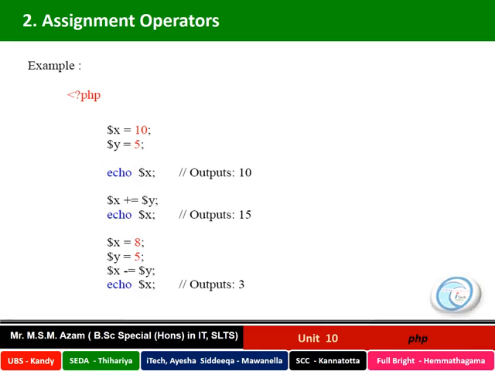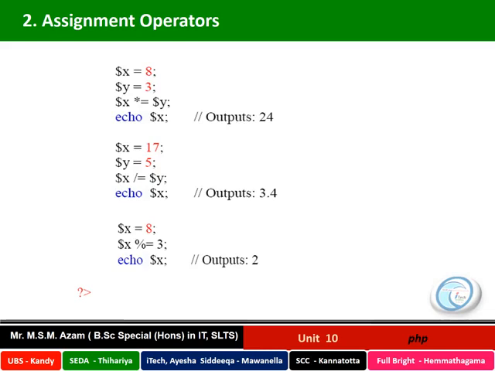Again, declaring x, y separately. X equal 8, y equal 5. Now I say $x minus equal $y. It means new x value equal to the last x value, that is 8, minus y value, that is 5. Therefore, it's equal 3. So when I say echo $x, it prints 3.